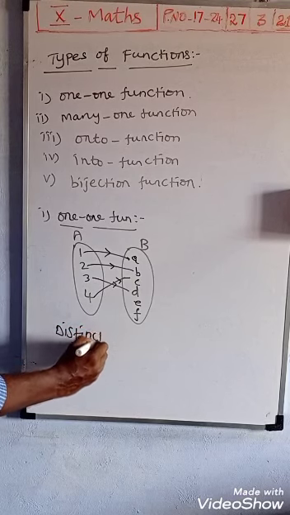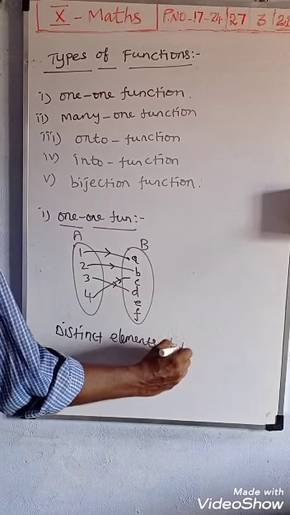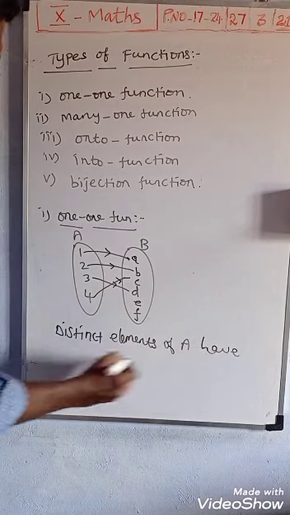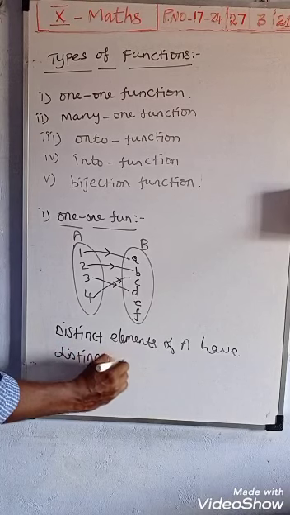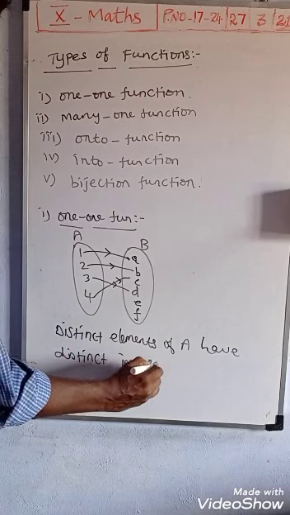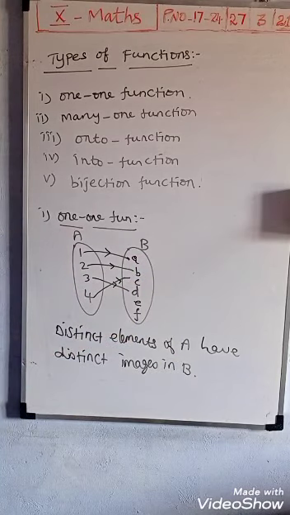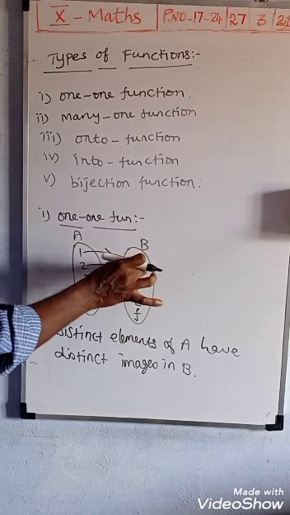Distinct elements of A have distinct images in B. You already know what images are. B set elements are called images. So distinct elements in A have distinct images in B.